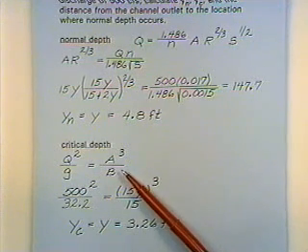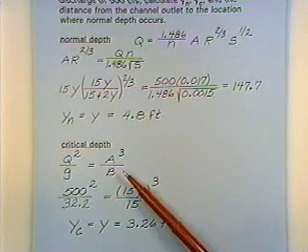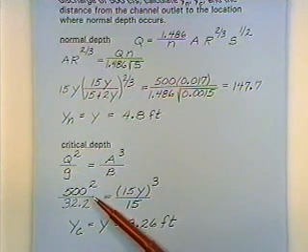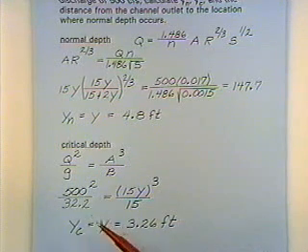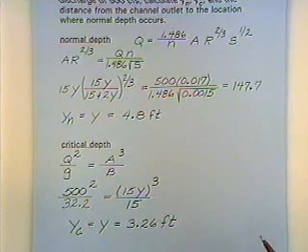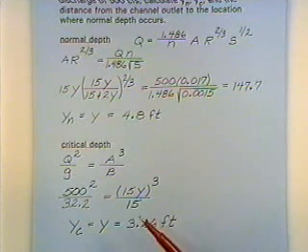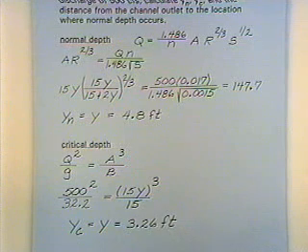I've reproduced the equation which we derived a few minutes ago. I plug in the numbers: 500 cubic feet per second, squared, and 32.2 feet per second squared, the acceleration of gravity. The top width, for the rectangular channel, is 15 feet. The area is 15 times the depth, and we solve for the depth, and the depth is 3.26 feet.